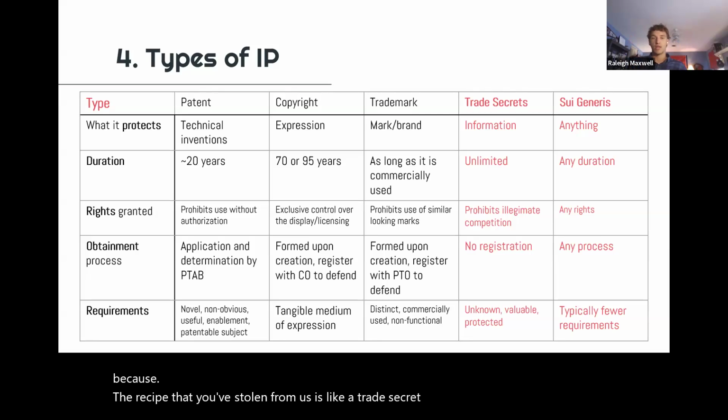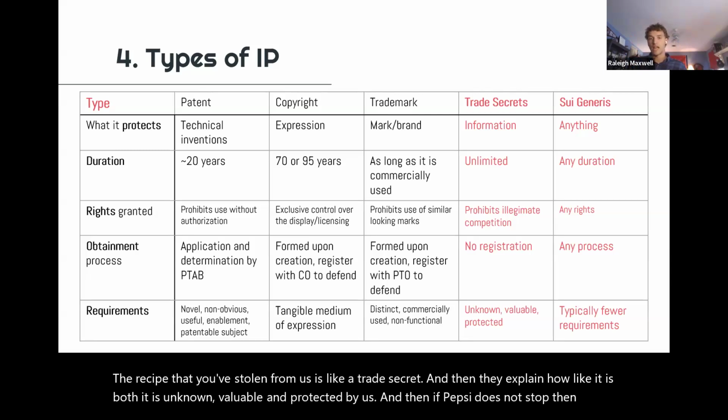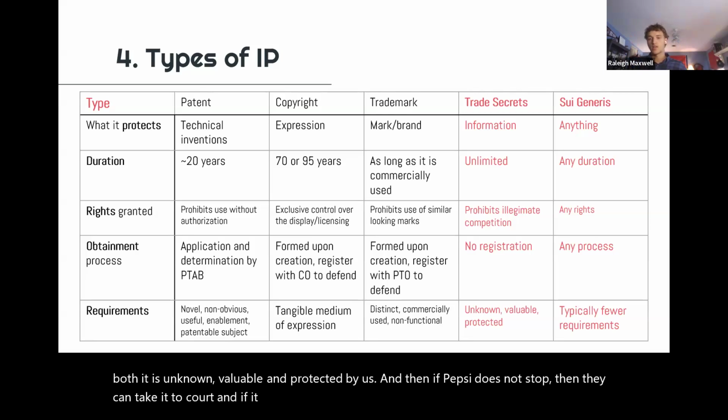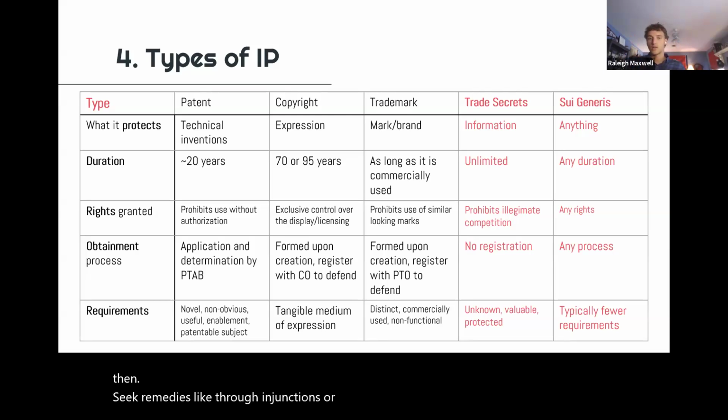And then they explain how it is unknown, valuable, and protected by us. And if Pepsi does not stop, then they can take it to court. And if it qualifies as those three things, and the court determines that the other company has stolen it illegitimately, then at that point they can seek remedies through injunctions or damages.